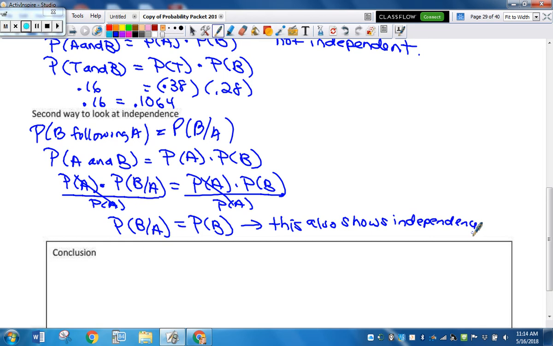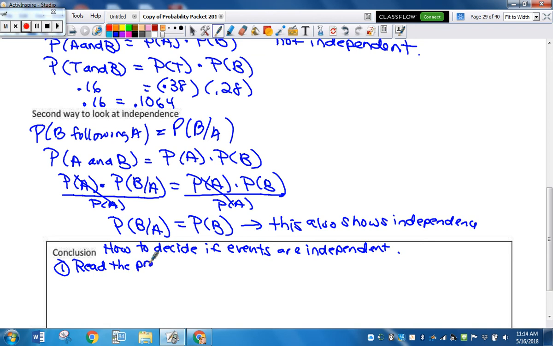All right, so conclusions. First day, read the problem and interpret.